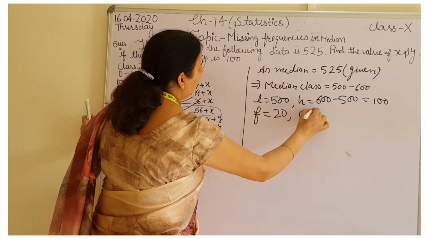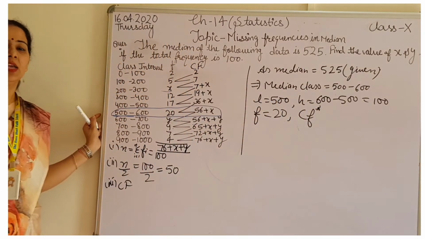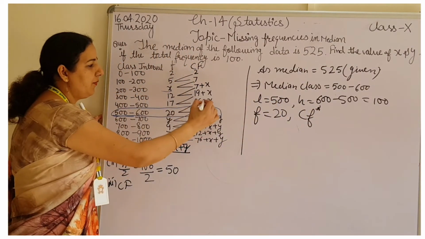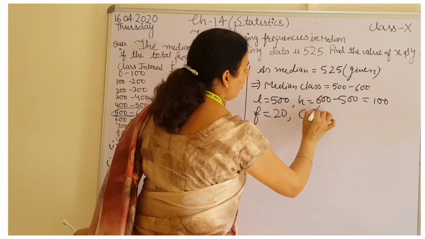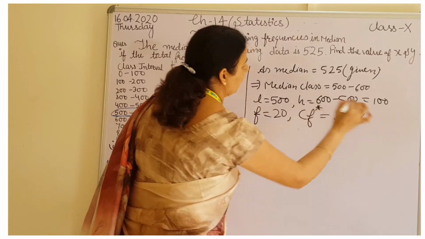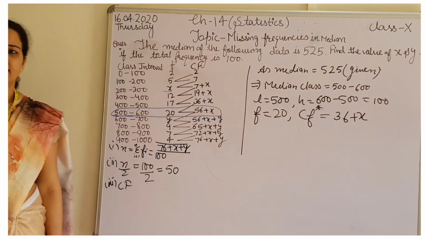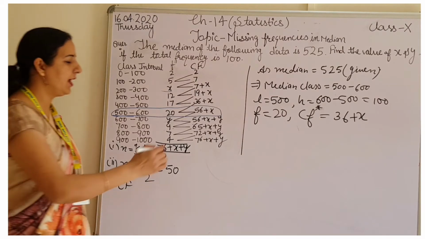And CF, I already told you, this is the most important point: CF is the previous one. So it is 36 plus x. We have all the values. Now we can put the values here.